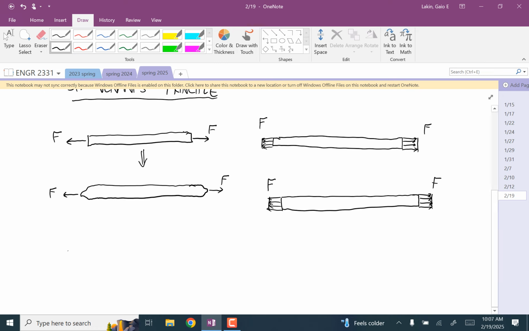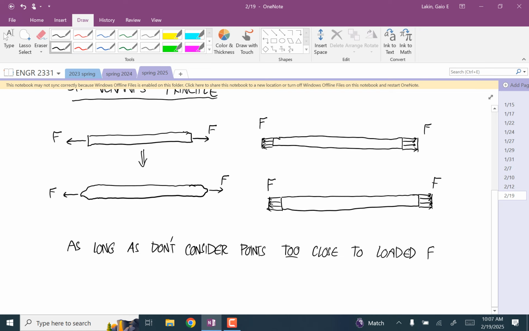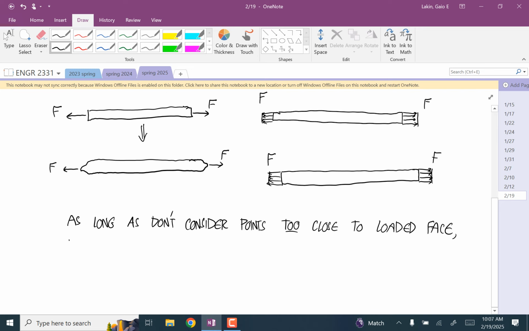So Saint Venant's principle says, I think the wording might not have been this exactly, but as long as you don't consider points too close to the loaded face, the stresses are the same for an equipollent system.